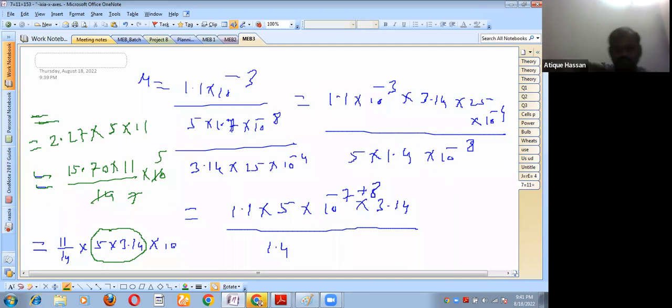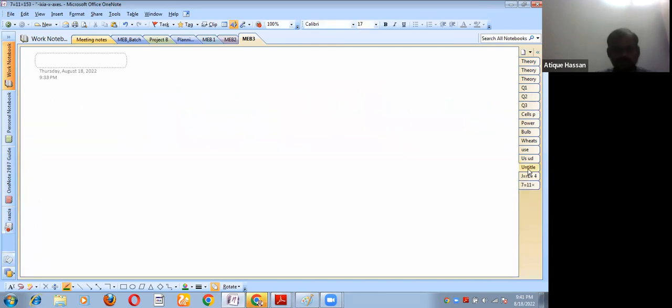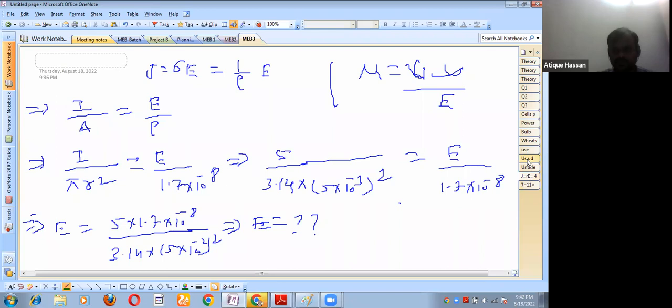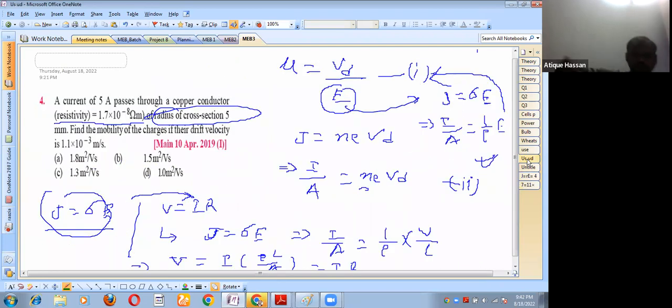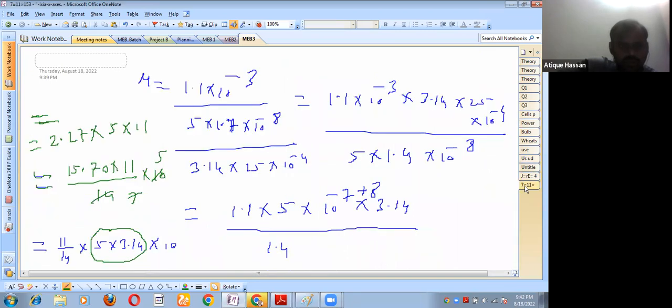Let us see the options. There is something missing in the powers. Here, see, we have missed the 10 to the power minus 3 also. You see here, we have power 10 to the minus 3, so that is missing.